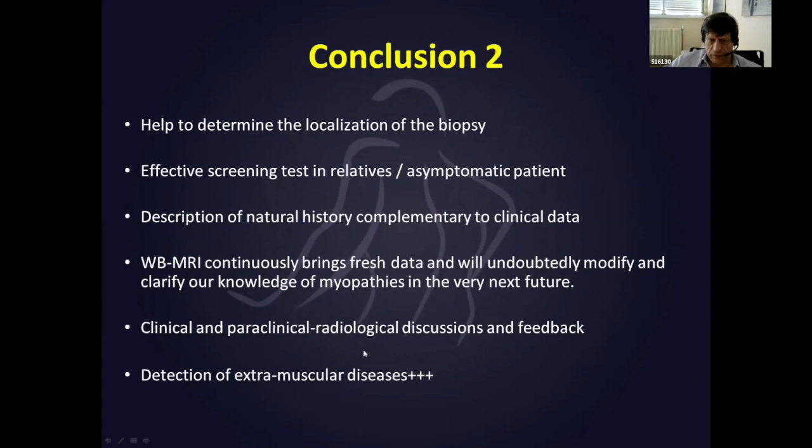Clinical and paraclinical radiological discussion and feedback have to be performed. It's not necessary to perform all body examination if there is no interaction between clinician and radiologist, and clinician and other paraclinical physicians.